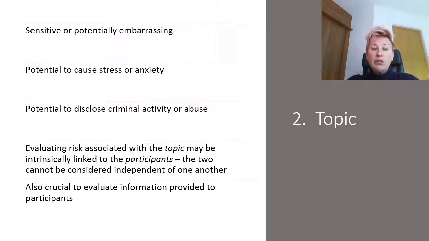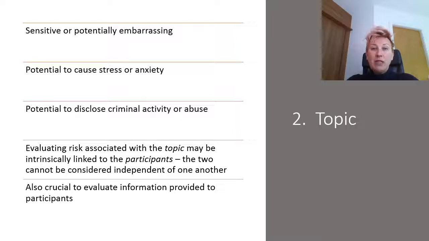It's also really important to evaluate the information provided to participants. So in any project where people are going to take part in your research, we provide them with participant information. And the participant information should be absolutely clear about what will be involved, what the topic will be, what kinds of questions will be asked, what kinds of information the participant will be expected to give.